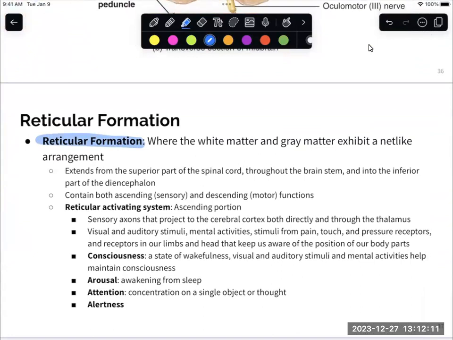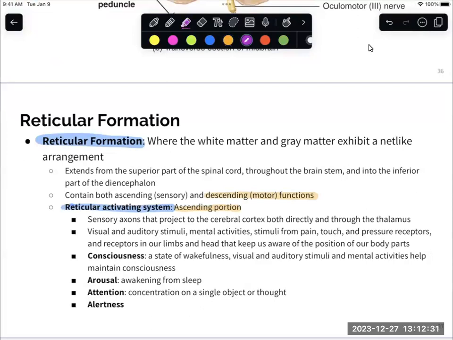This reticular formation contains the reticular activating system. That is the ascending portion of this reticular formation. We also have descending motor functions that are going to come out of this reticular formation.